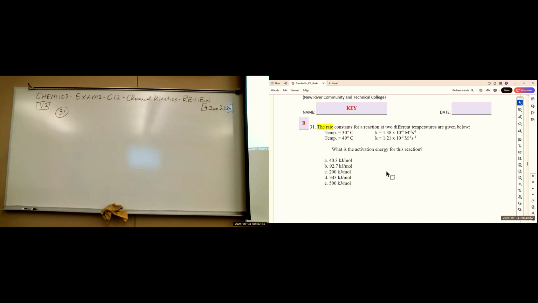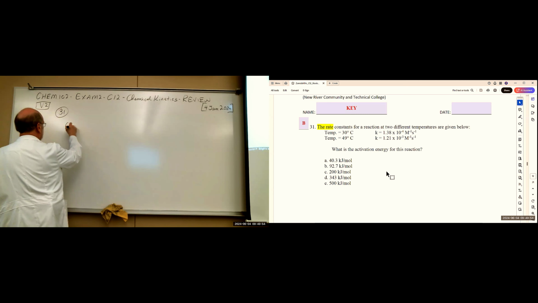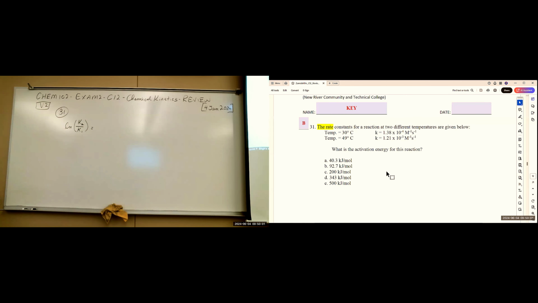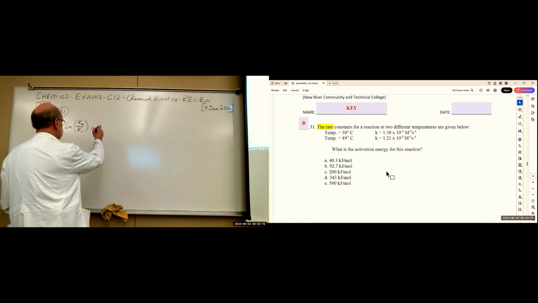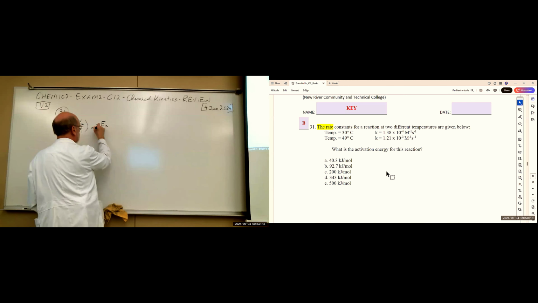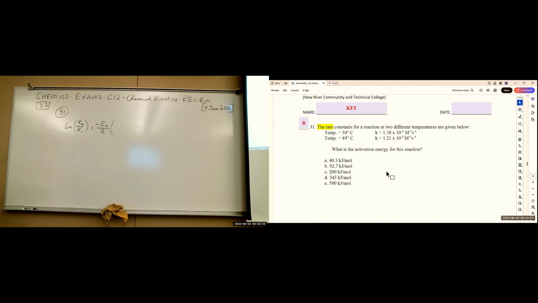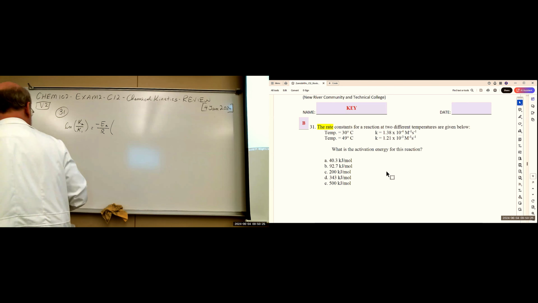So we have the log of K, the second one divided by the first one, and that's equal to negative E sub A over R, and then we have the temperatures, 1 and 2.